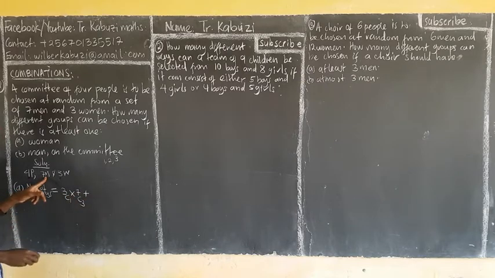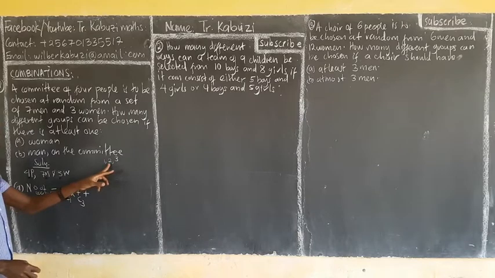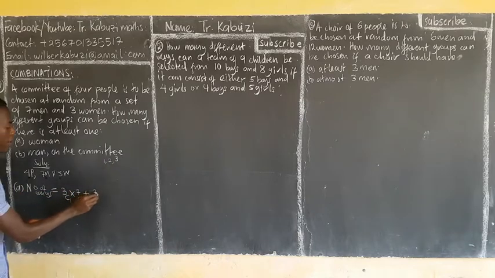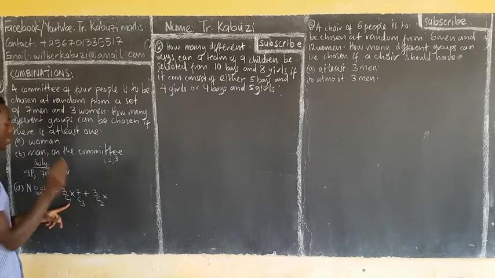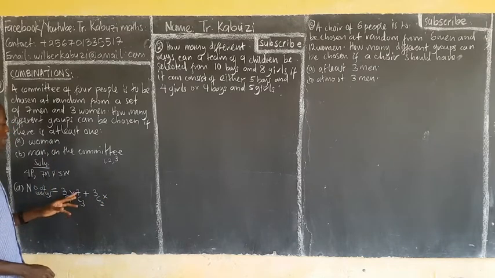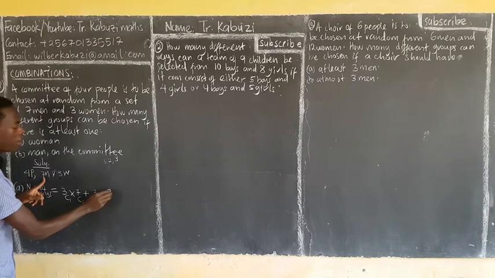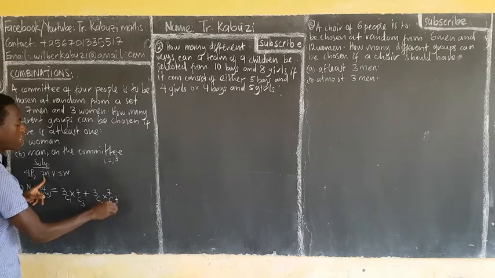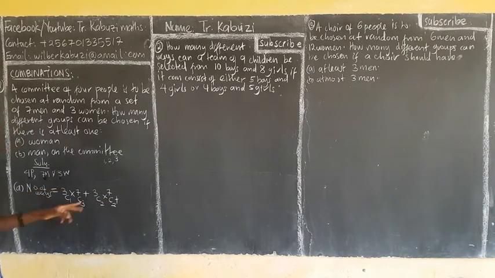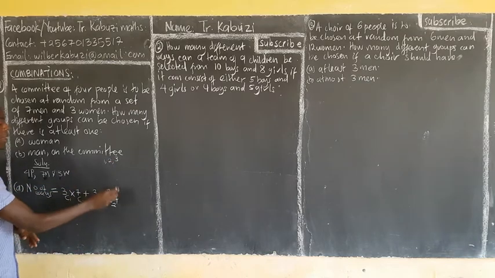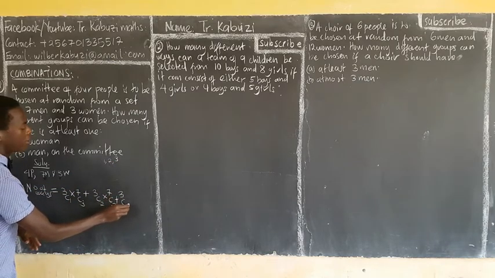Then plus, I increase the women to 2. So out of the 3, I take 2. Then times, because I have 2 already and I need 4 people, I have a balance of 2, so out of the 7 men I pick 2. Then plus, I can still choose 3 women, so out of the 3 I choose 3.